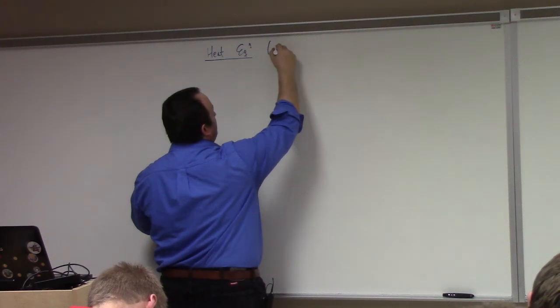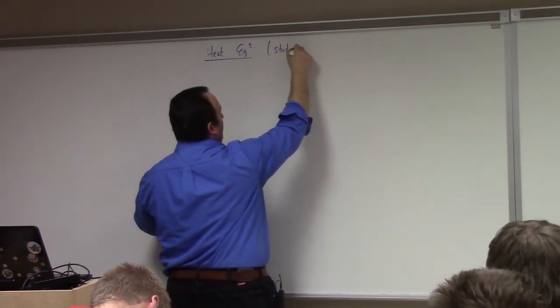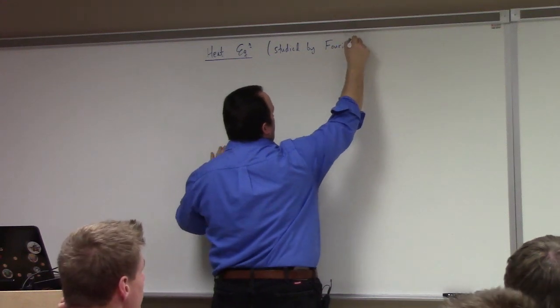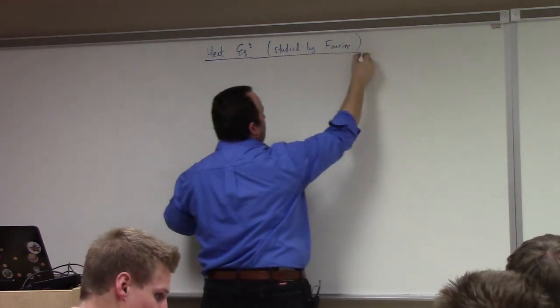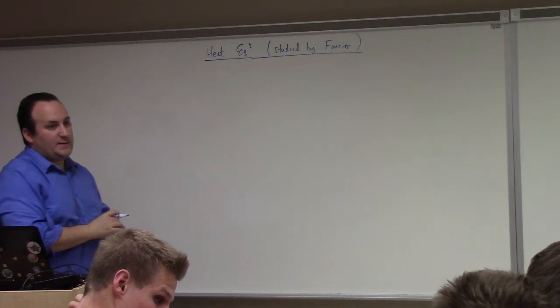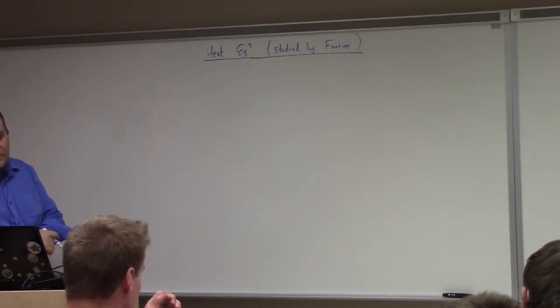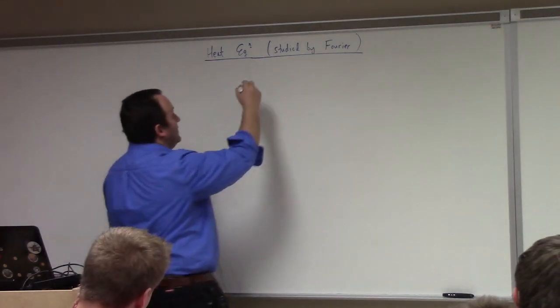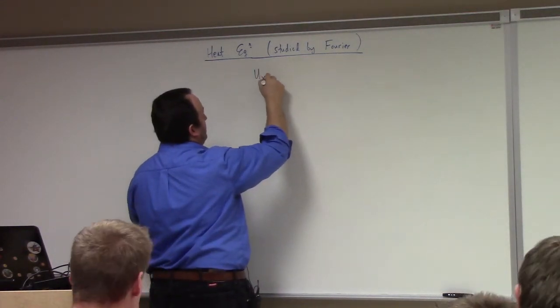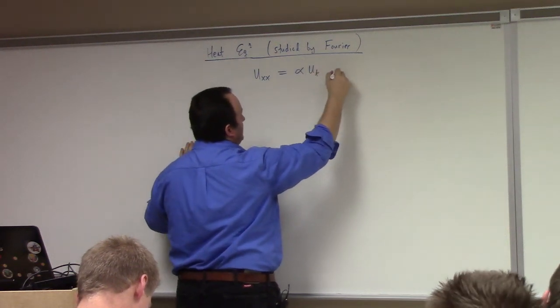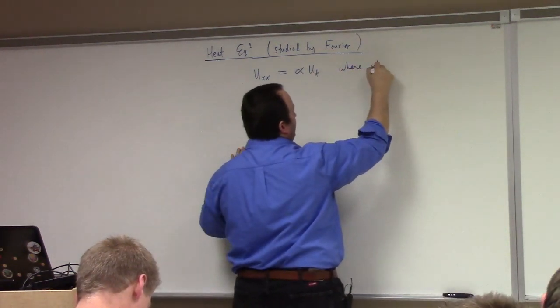This was studied by, among others, certainly Fourier in the early 19th century. And the method I'm about to show you is more or less what he did. So we're trying to solve the following problem: u sub xx is equal to alpha times u sub t, where alpha is a given constant.